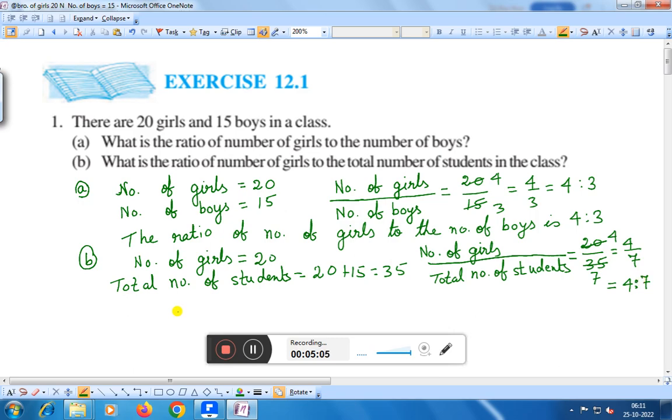Now, what is the question? What is the ratio of the number of girls to the total number of students in the class?